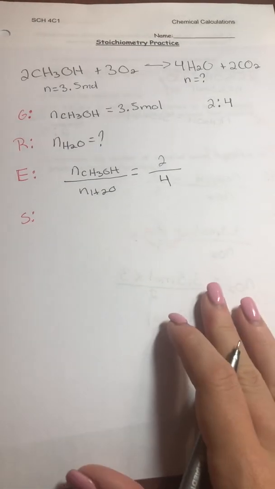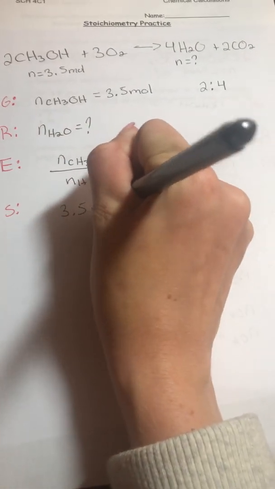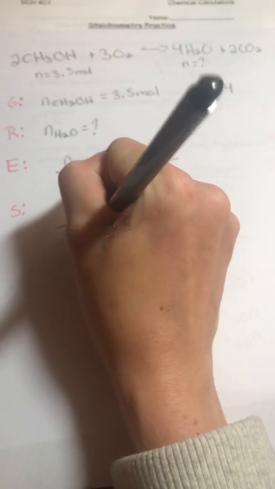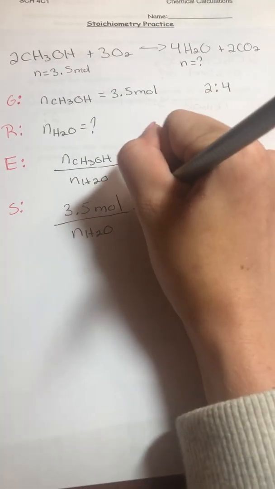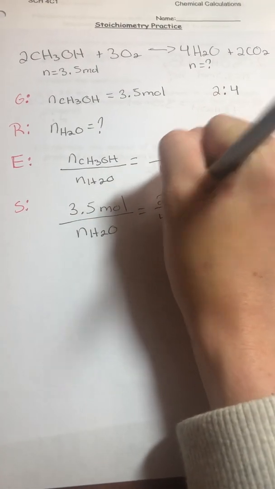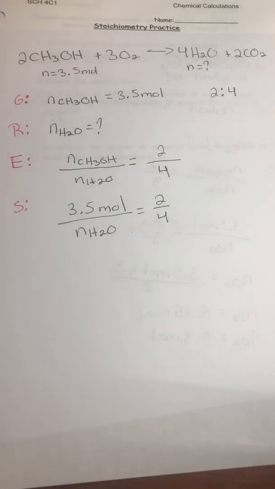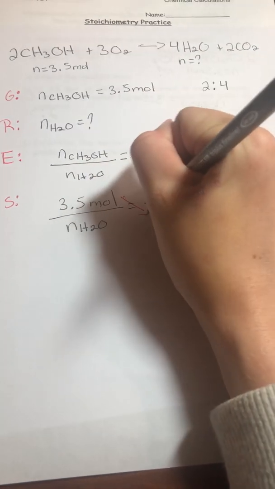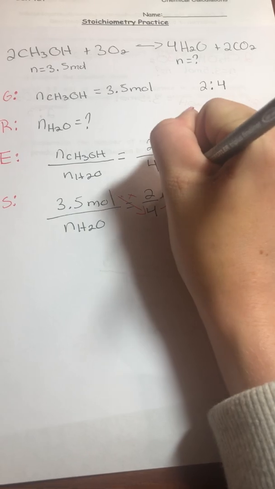Okay, we're going to cross multiply and divide after we plug 3.5 in. Okay, so we're going to cross here, multiply it, and then divide.